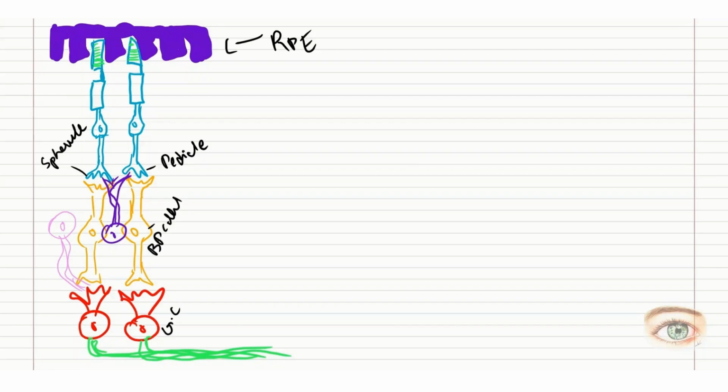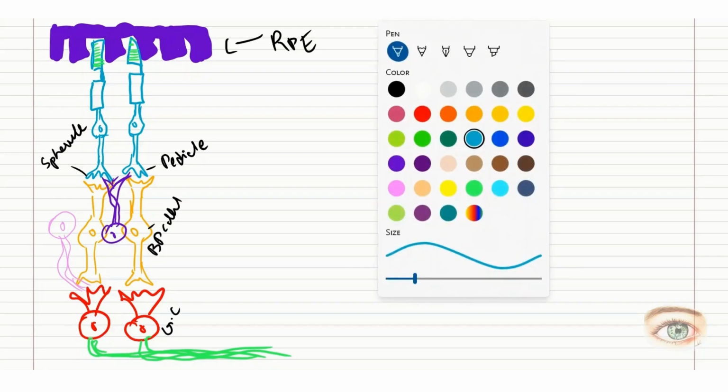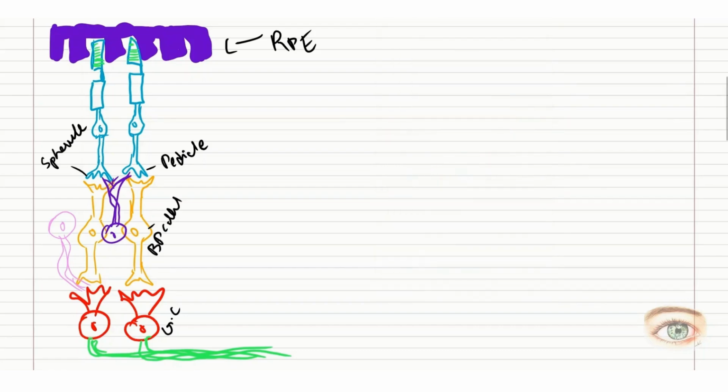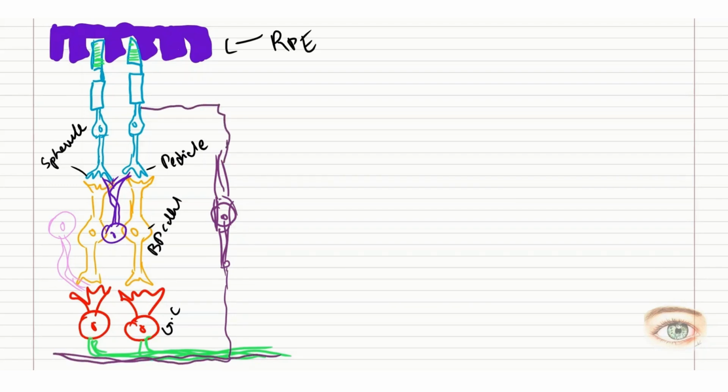Also, we will have these glial cell bodies at the level of the bipolar cells, and these are its fibers.